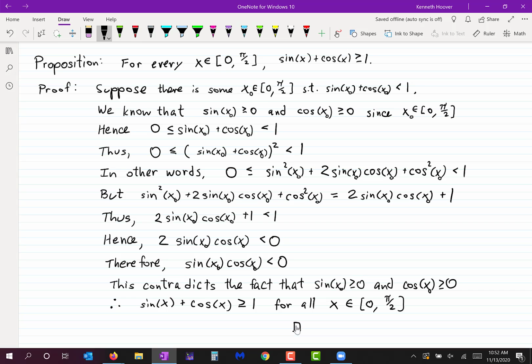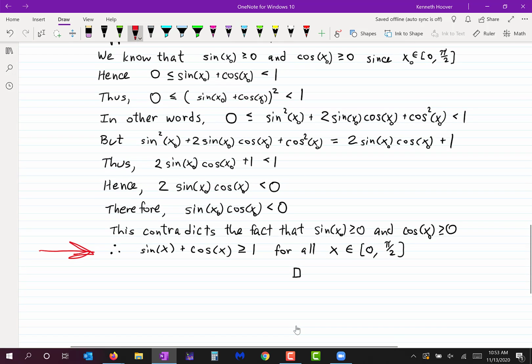X is a variable, x naught is a specific number. Okay? And then when we get to the end, we say, therefore, it is not the case that there is some x naught from 0 to pi over 2, such that sine of x naught plus cosine of x naught is less than 1. That's what we're saying in this last line.